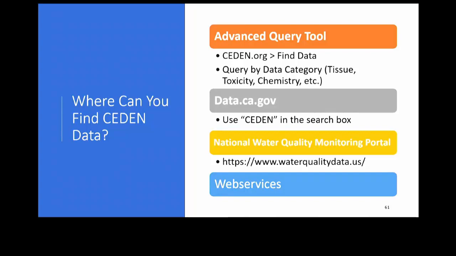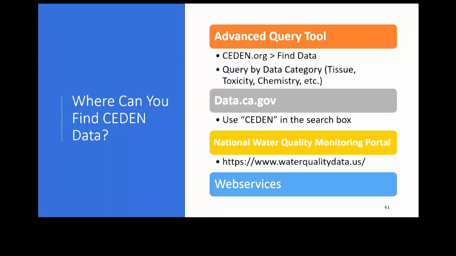You can do it by station, or you might have to do some research on a group that's doing work in a certain area, and you can find out what their project identifier is and use that to query on from CEDEN.